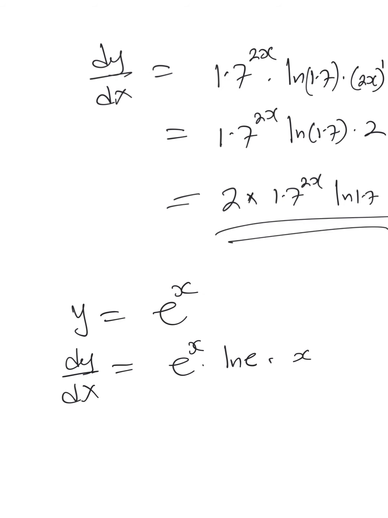If you differentiate x here, you get a 1, so this is going to be e to the x. Natural logarithm of e is the same thing as log base e of e, but if the base and the power are the same, then that's a 1. So when you differentiate e to the x, you end up with e to the x.